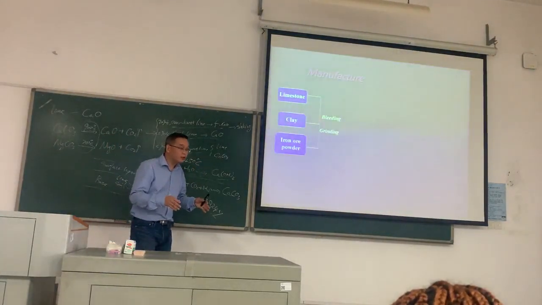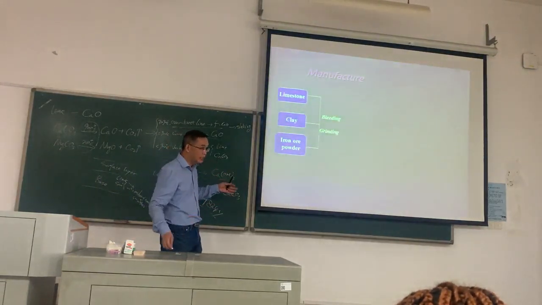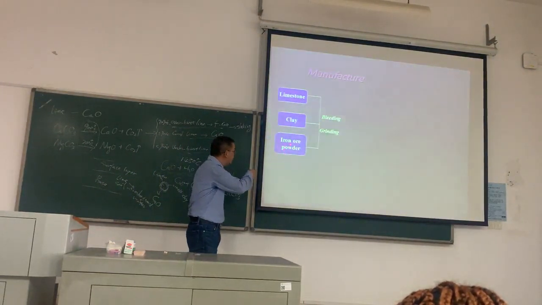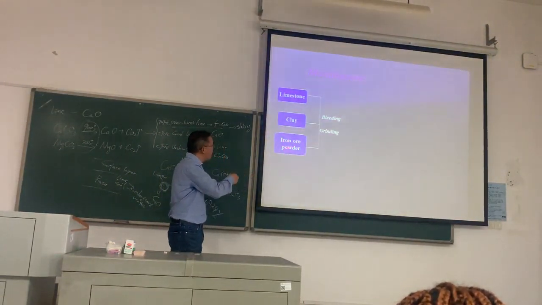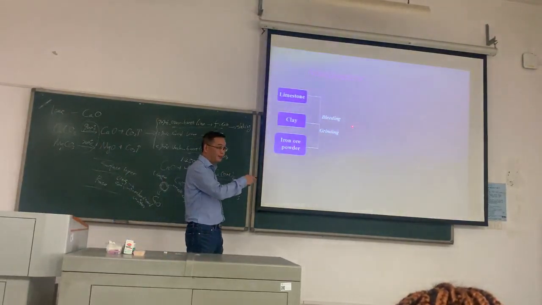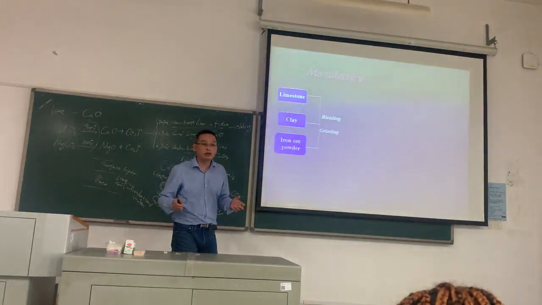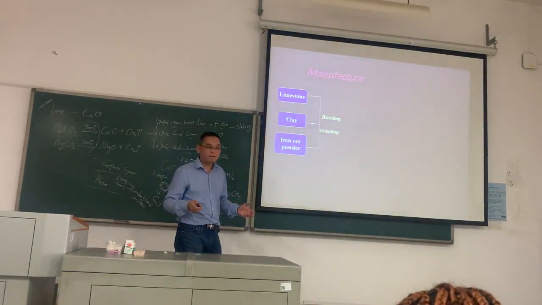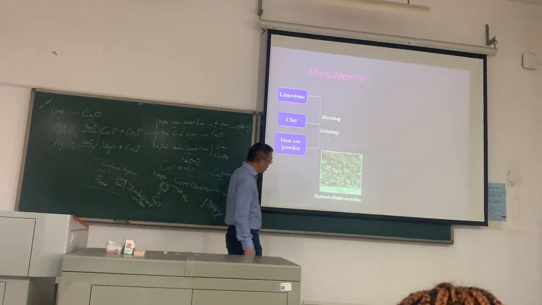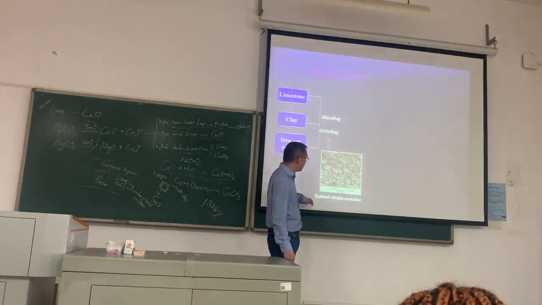So for the burning of the raw materials, we can add a little iron ore powder into it, blend them, and then grind them into powder, grinding them into particles. And then we can get this typical clinker.